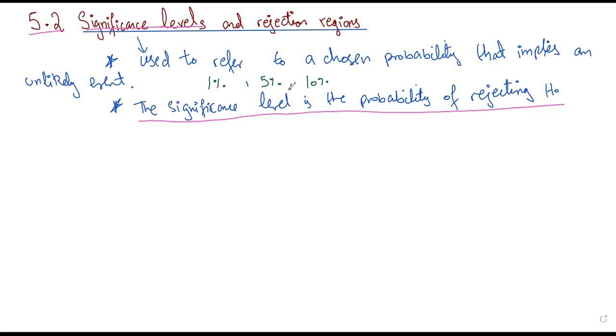And how are you going to make conclusions? Let's talk about that part. The significance level is the probability of rejecting H naught. This line basically means that by using this significance level, you are going to either reject the null hypothesis or accept the null hypothesis. Is this clear?